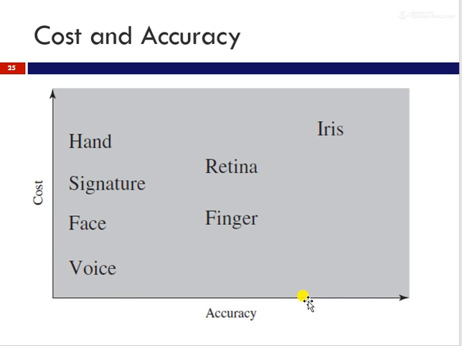So if we look at this graph, we can see that iris has the highest accuracy, but at the same time it is the most expensive biometric authentication method. But there are some that can give you good accuracy, like fingerprint, which gives you a reasonable amount of accuracy along with a reasonable amount of cost as well.